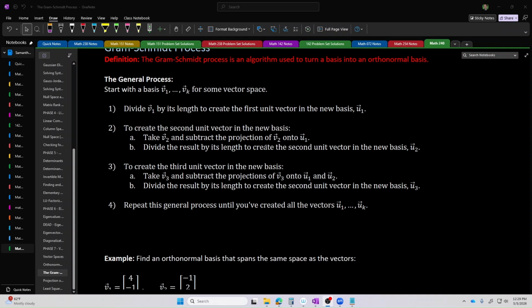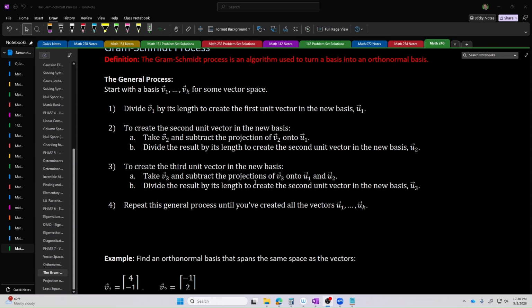So for example, if you had a third vector that you needed to work on, you would take your vector v3, project v3 onto u1, project v3 onto u2, and then subtract those two projections from v3, deleting the portions of v3 that are parallel to these two other vectors.